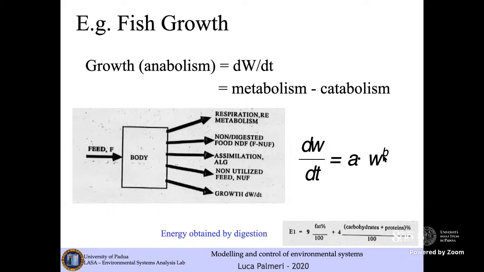Then, if you include considerations about the energy obtained by digestion, in particular in terms of the composition of the food, we may say that 9% is proportional to the fat content of food, while 4% is proportional to the carbohydrates plus protein content of the food.